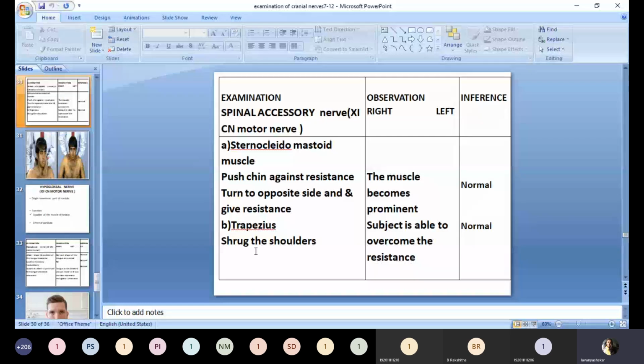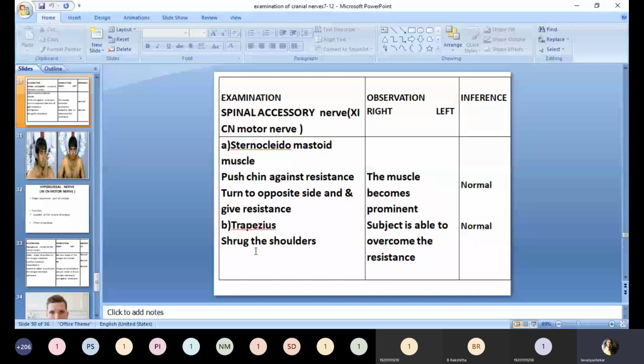I repeat, you ask the subject to flex his head, that is bend his head down, and the examiner will apply the passive resistance from below. But if the muscle is paralyzed, the subject will not be able to flex the head.